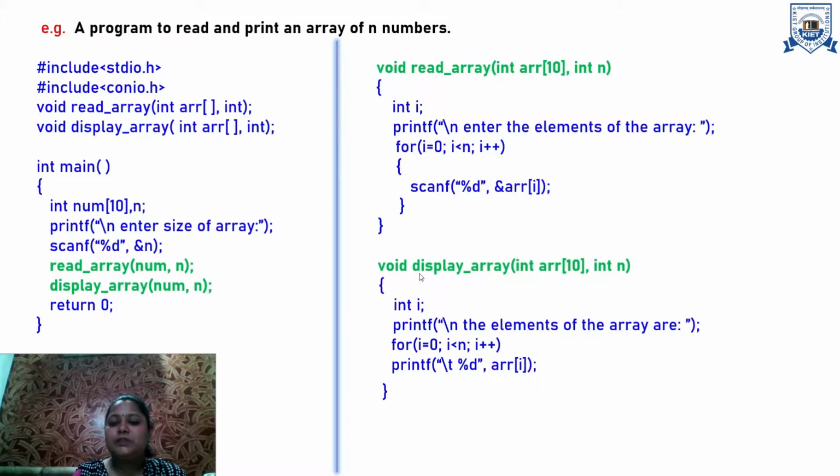Similarly, if I want to display the array elements, I again pass the whole array to this particular called function, and again I am using a loop to print the elements of the array using the ith index, right?